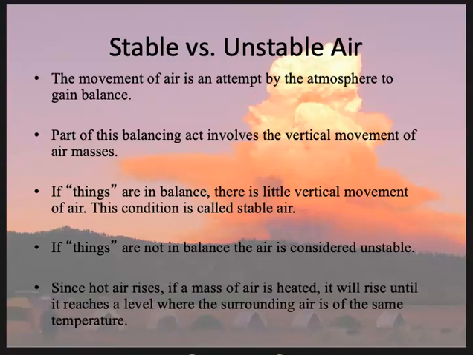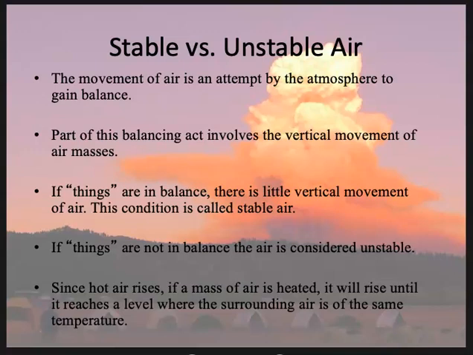Now, since hot air rises, when the sun rises and the air is heated and the earth is heated, the earth absorbs it and gives it off. And if a mass of air starts to get heated, it's going to start to rise. Now, that has an effect on our winds that we talked about, but it also is going to have an effect on air stability.